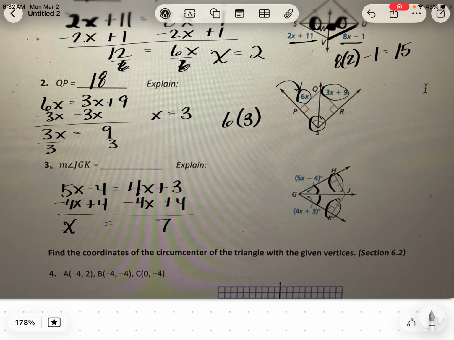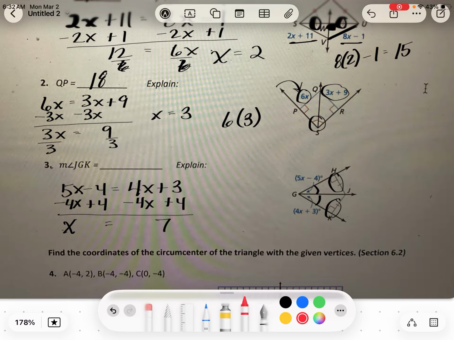Then to figure out how big the angle is, because that's what it's asking you, it's asking you for this angle. That was not smart. It's asking you for this. Oh, I forgot I was still in my crayon. There we go. It's asking for just this one, because it says JGK.